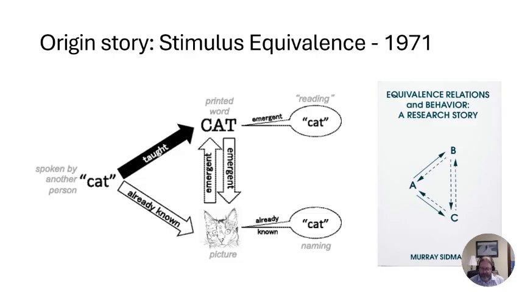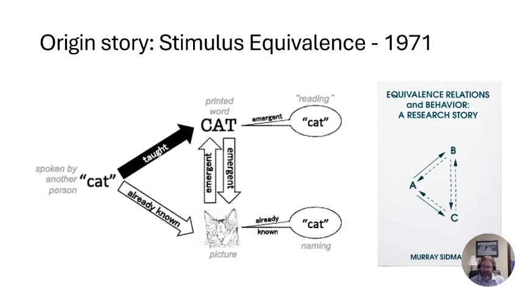And if they knew that, and then if you taught them that saying the word cat was equivalent to the written letters C, A, and T, then you could get some new emergent phenomena that hadn't been seen before.